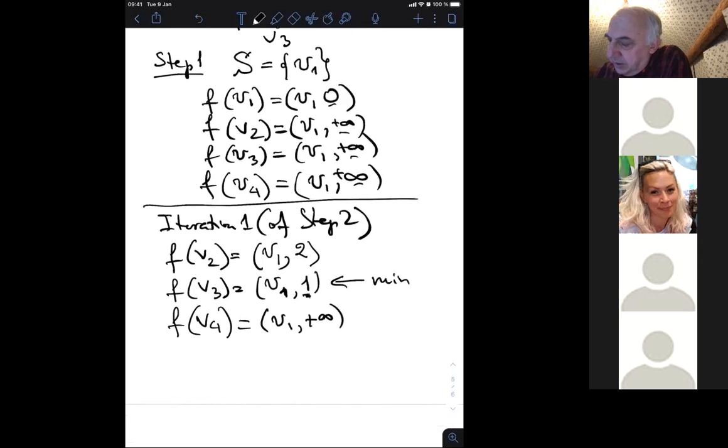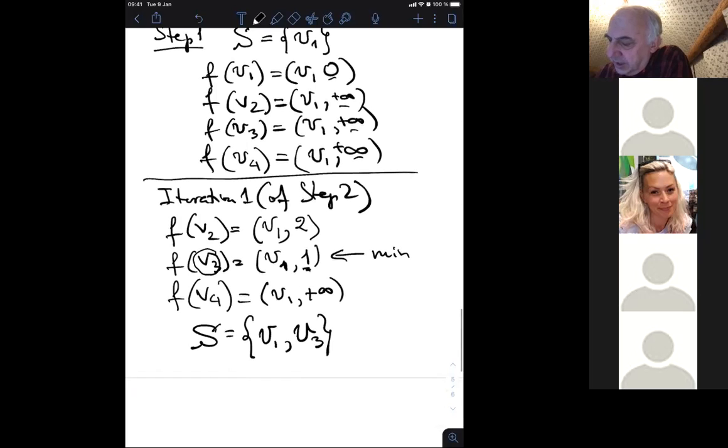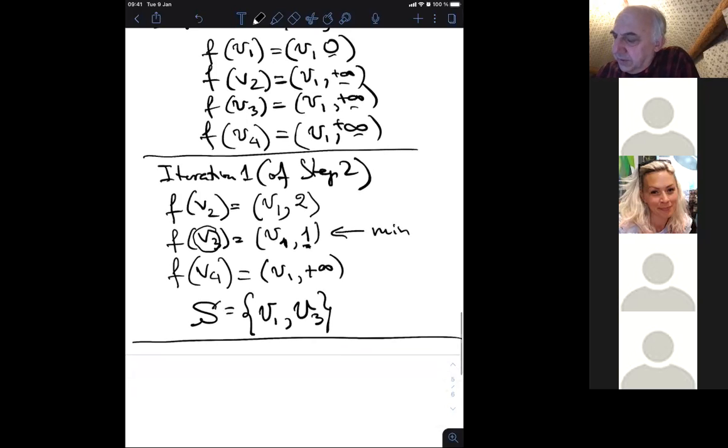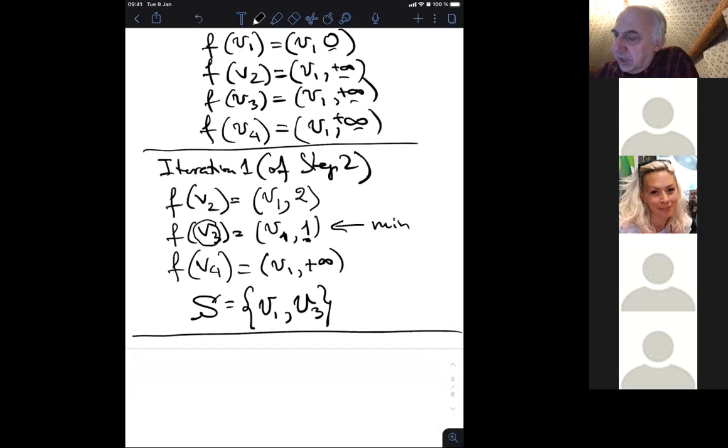And that means that I'll be adding this vertex to my set S. So S will now consist of V1 and V3. So my current set S has increased, and after that I will never return to V3. I'll not be considering V3 anymore. That means that I have found the path of minimal possible length between my original vertex V1 and V3. So nothing has to be done with V3 anymore.